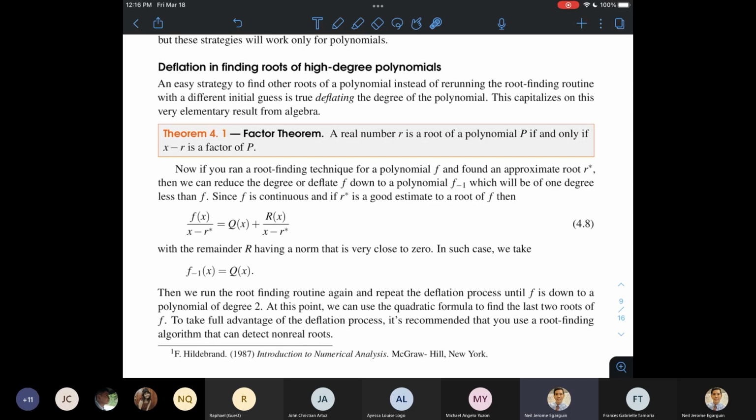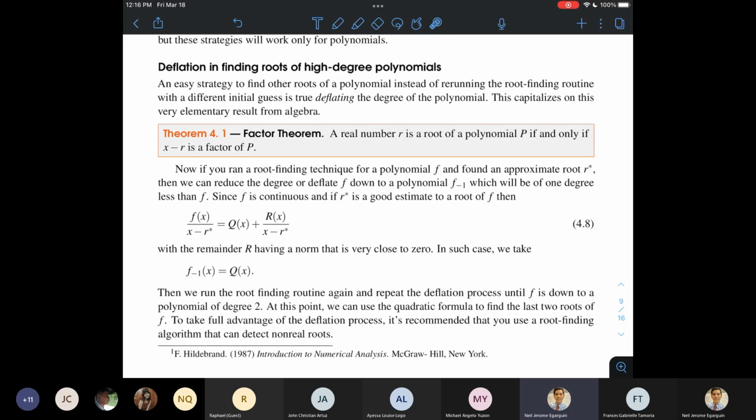So ang gagawin ko ay at every step or at every rerun of the algorithm, instead of running my root finding algorithm, say Mueller's method, in the original function over and over again with different initial values, ang gagawin ko, okay, run ako na Mueller, tapos may makukuha akong root, gagamitin ko yung root na yon to deflate the original polynomial. Ibig sabihin, pabababain ko yung degree ng original polynomial by capitalizing with the factor theorem, okay?